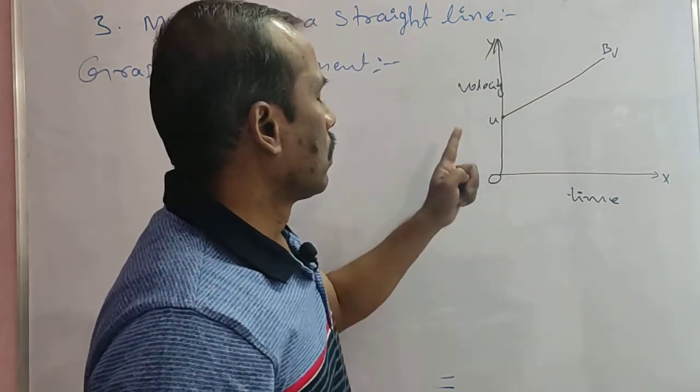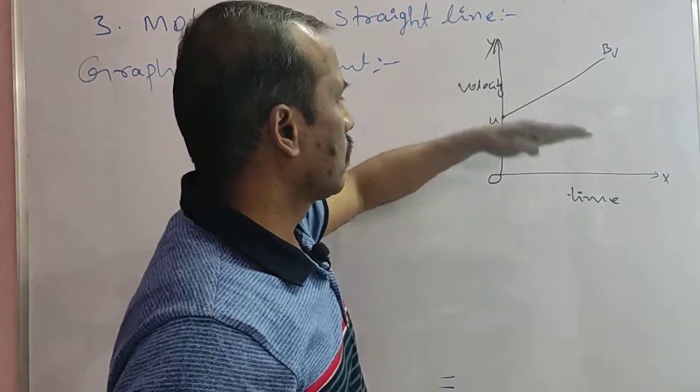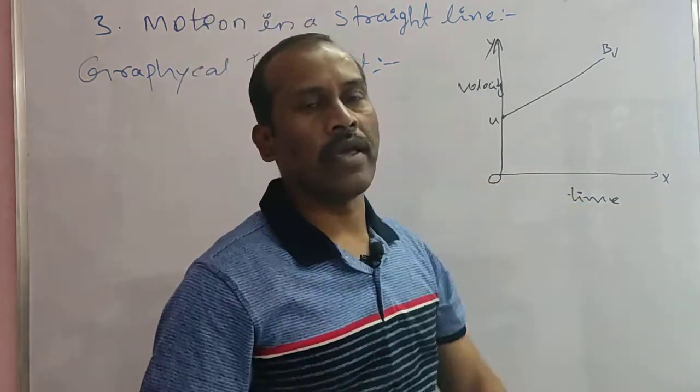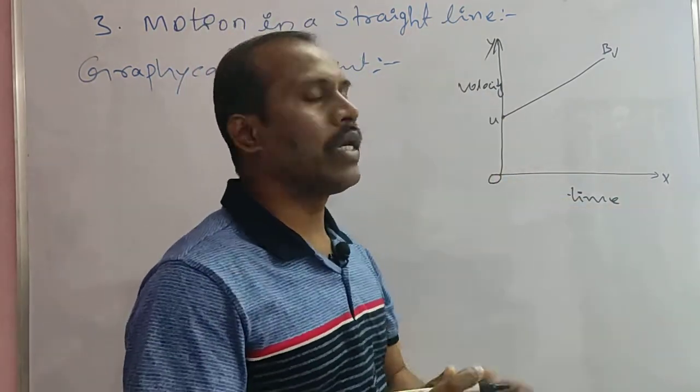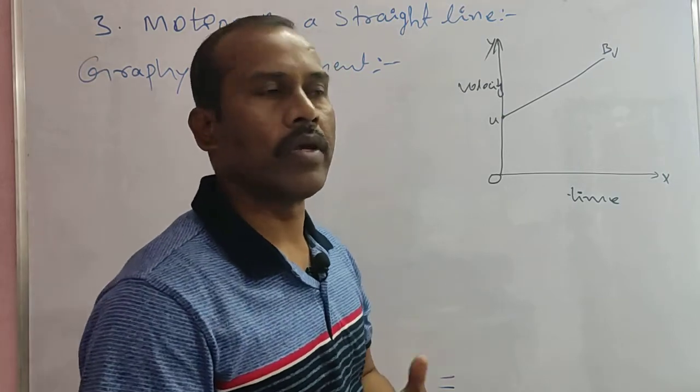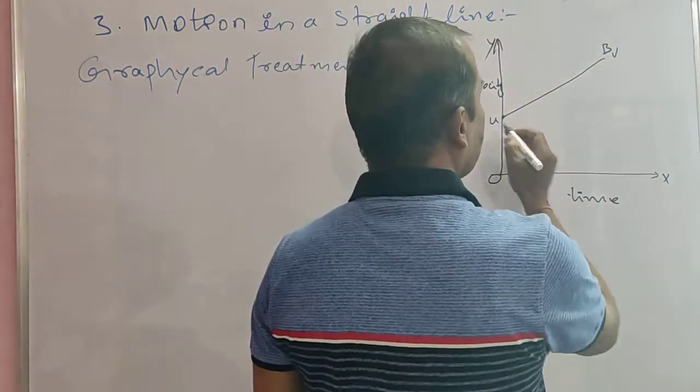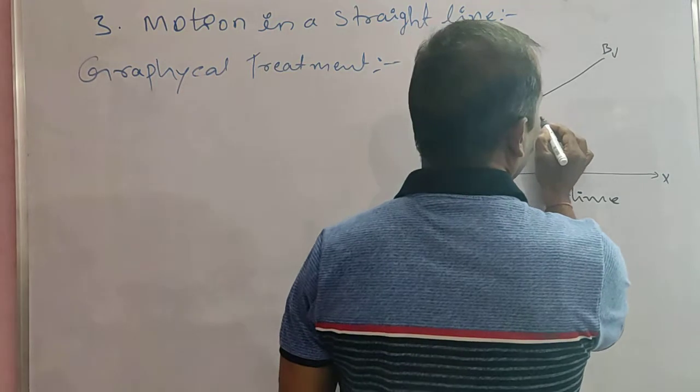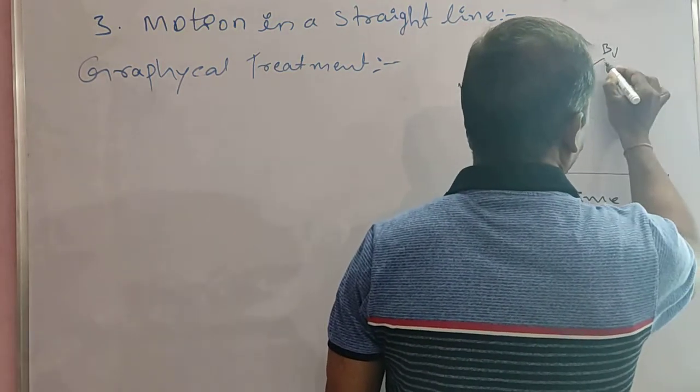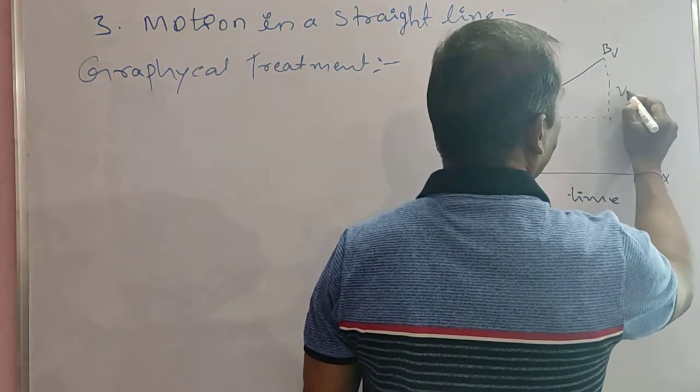Now, in the velocity time graph, the velocity is on the y axis and the time is on the x axis. This is the final velocity, this is the initial velocity, this line is parallel to the x axis, and this is the change in velocity.